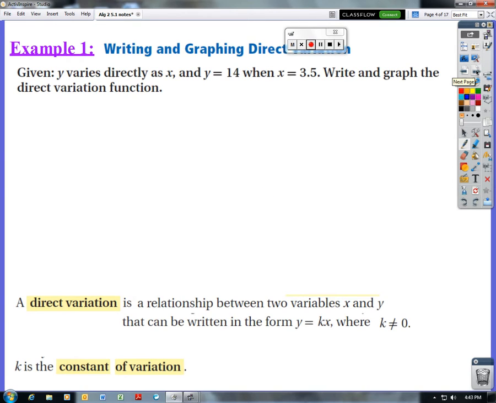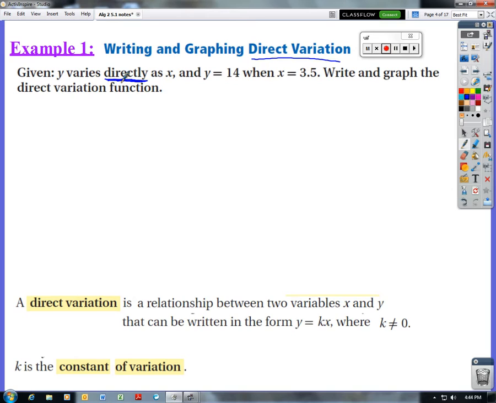So example 1 is going to be dealing with direct variation. That's the first type that we're dealing with. And it says y varies directly as x. So this word directly tips you off as to what kind of variation this is.